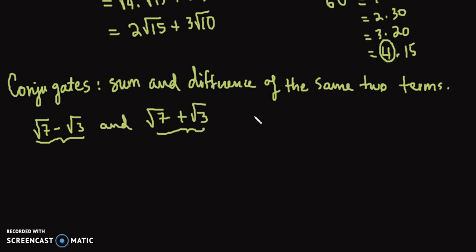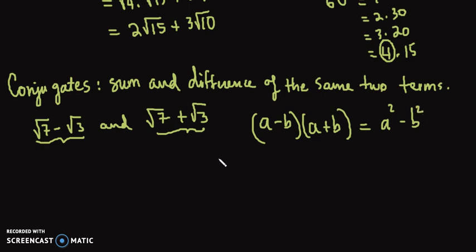Now, remember that there's also a special case: when you have a minus b times a plus b, this is equal to a squared minus b squared. If you observe, when you have the square root of something and you square it, the square root is eliminated and the result is that something.